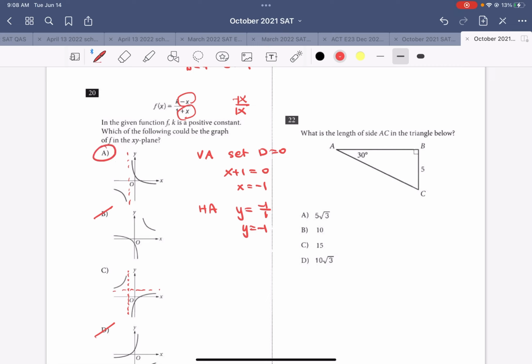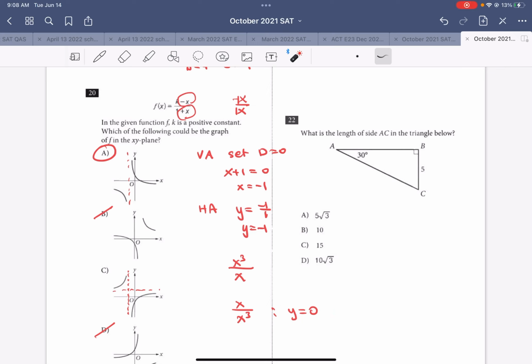But you might be wondering, what if the power of the numerator is higher? Let's say x cubed over x like that. Then you don't have a horizontal asymptote. What if the denominator is higher? So x over x cubed like that. Then in this case it's always y equals 0. So you have three scenarios. If the denominator is heavier, then y equals 0.